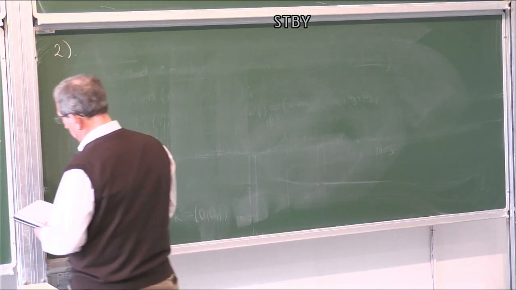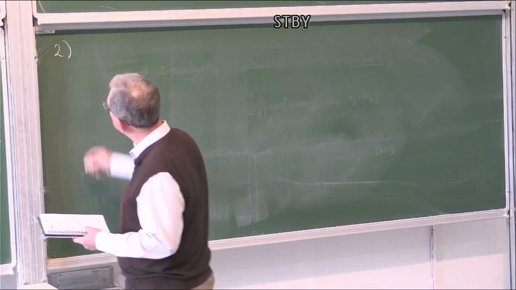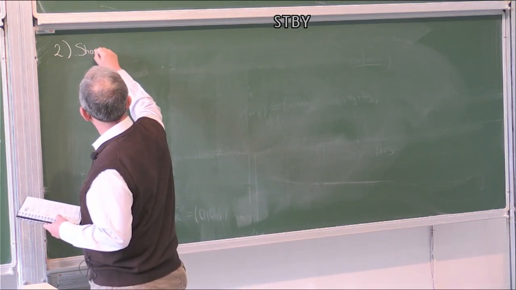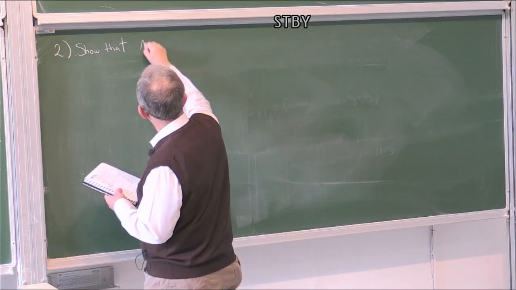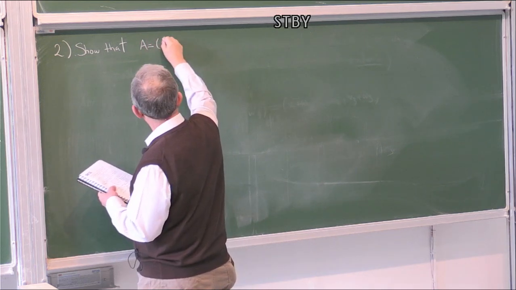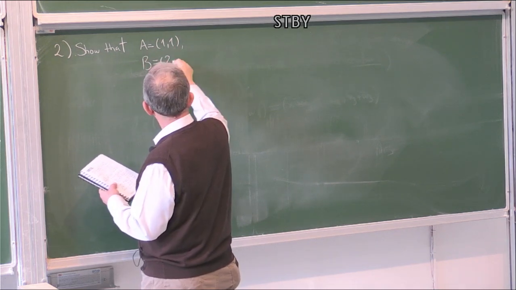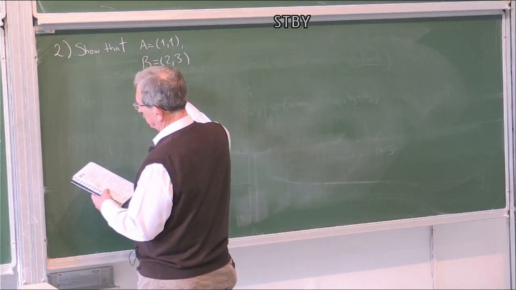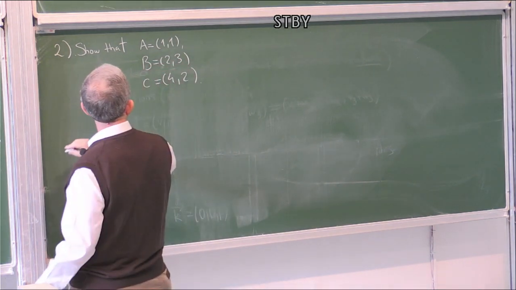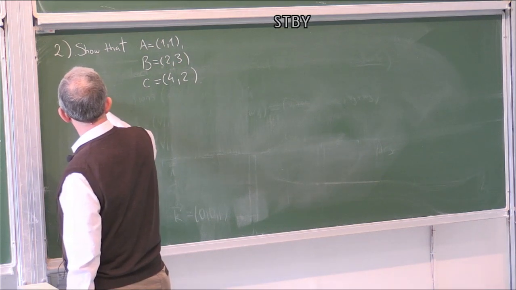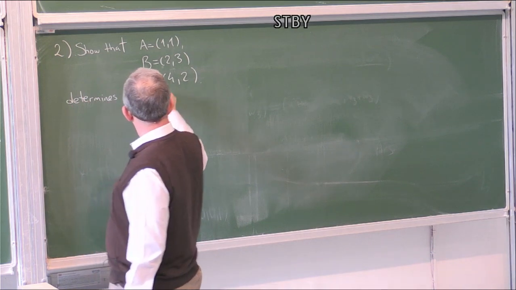As a second example, let us show that A, B is 2, 3, and C is 4, 2 determines a right triangle.